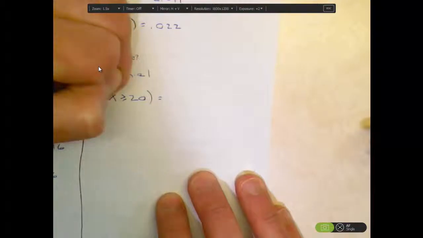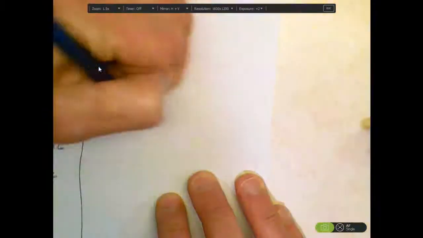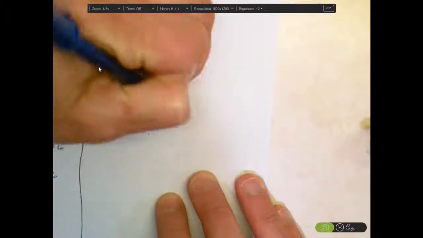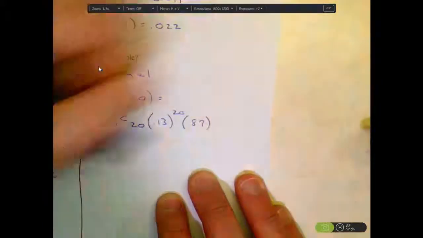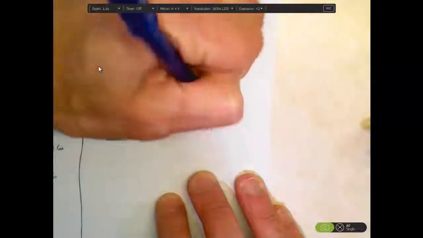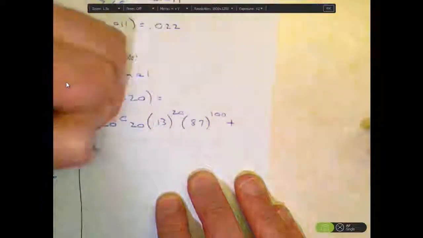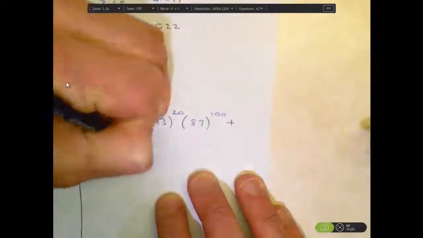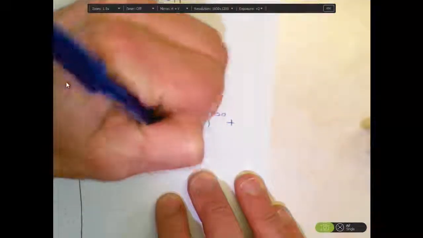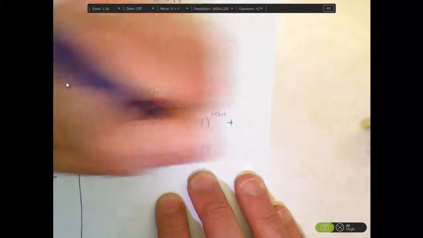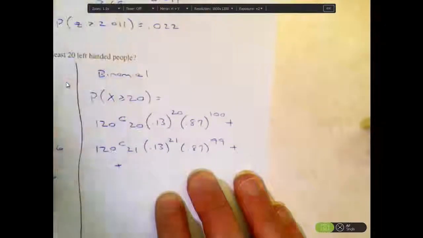So I have 120, N, choose K, my number of successes, 20. P is 0.13 to the K, 20. 1 minus P is 0.87. N minus K is 100, plus 120 choose 21, P is 0.13 to the K, 1 minus P to the 99, plus dot, dot, dot, plus.